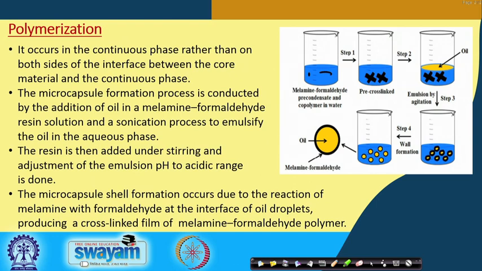The resin is then added into the emulsion under continuous stirring, and finally, the emulsion pH is adjusted to the acidic range.